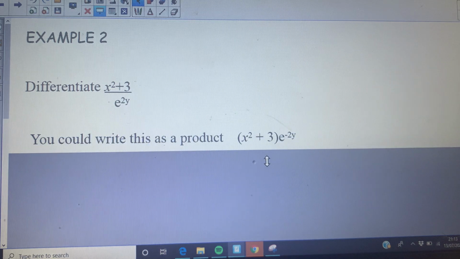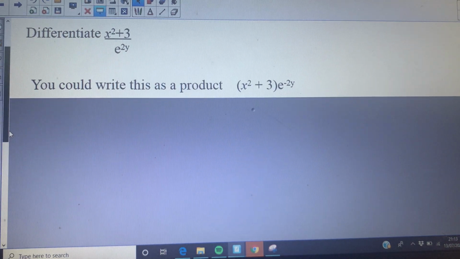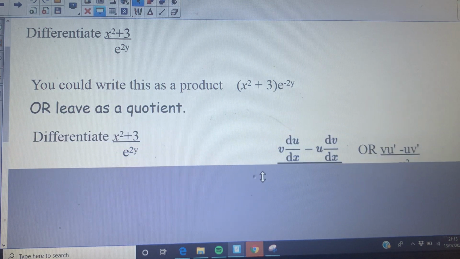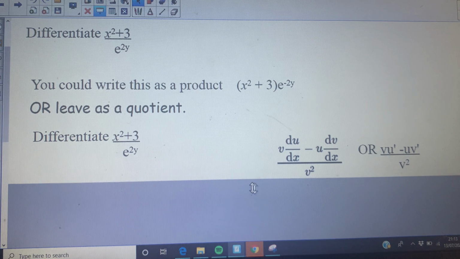So you're going to think about differentiating implicitly. Now you could write it as a product like this and then use the product rule, but we're going to leave it as a quotient. So here's my quotient, and here is my quotient rule.